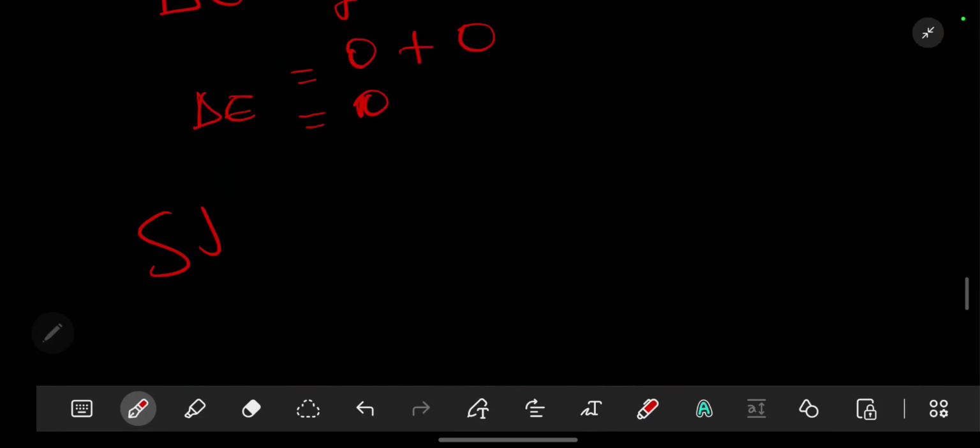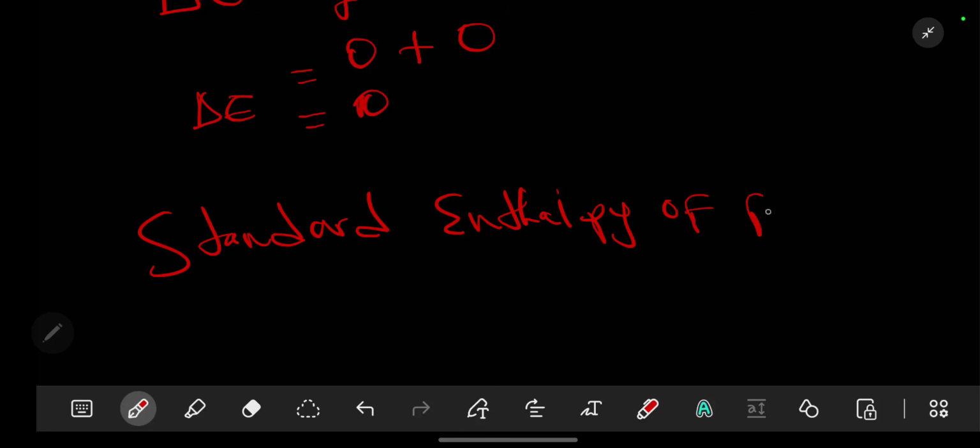So what is the standard enthalpy of formation?